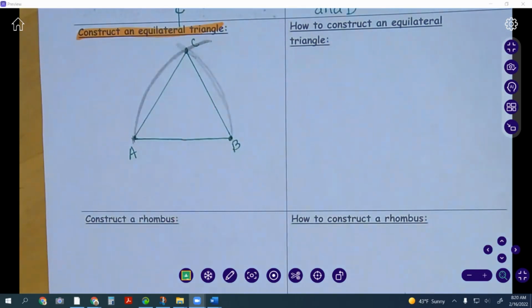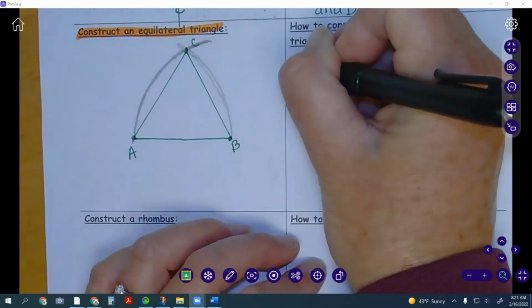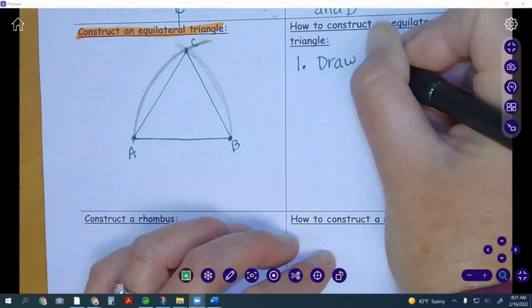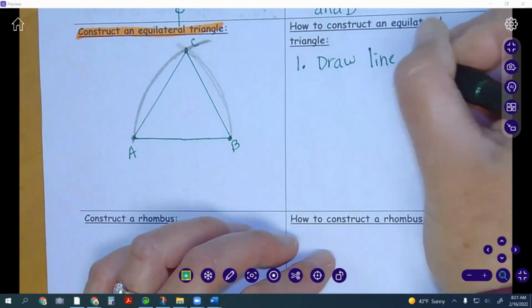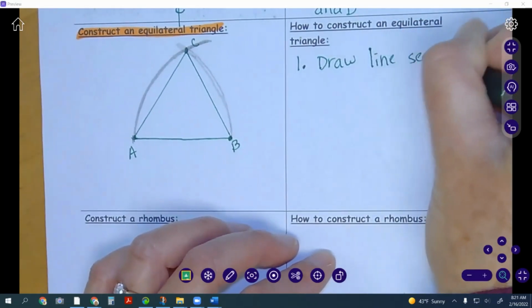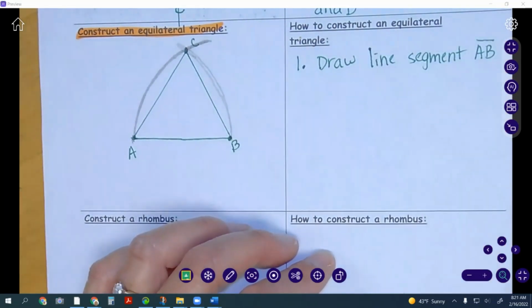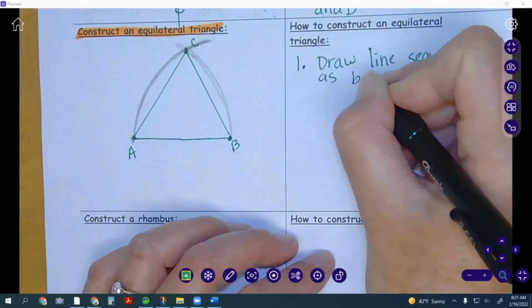So if I'm giving a list of how to construct this, my first step was: draw line segment AB as base of triangle.